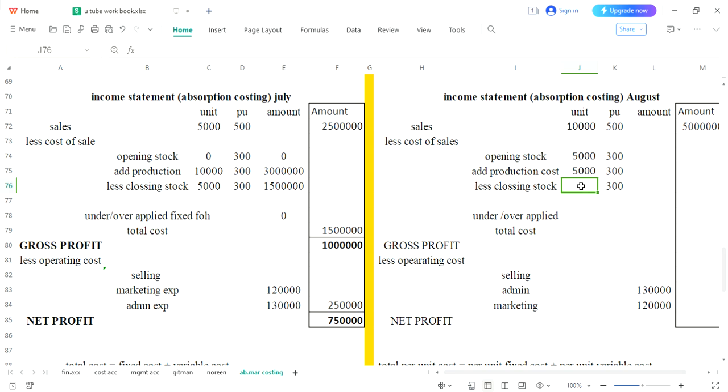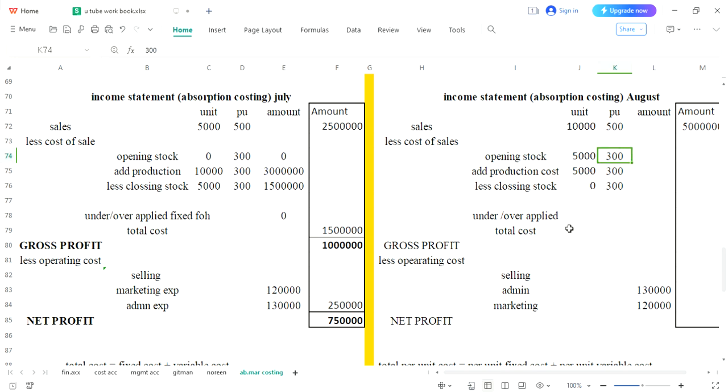Listen again. You were having 5,000 at the start, produced 5,000, total 10,000 units were in your pocket and you have sold 10,000. That means no units should be present right now. All units which were produced and were present in opening stock, you have sold all of them. So there is no closing stock.